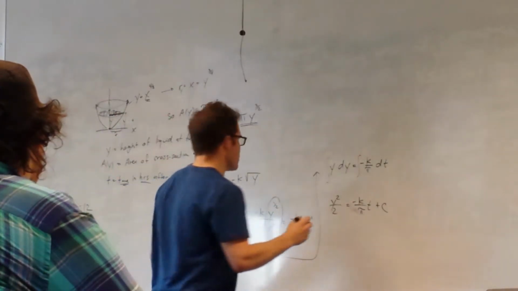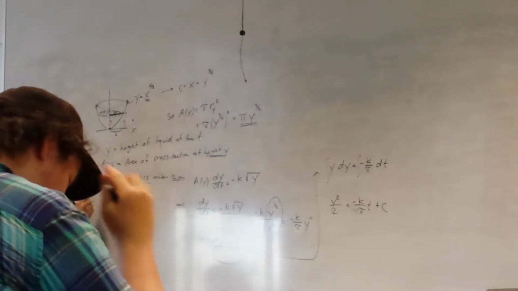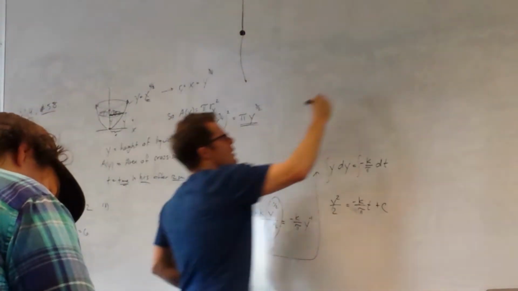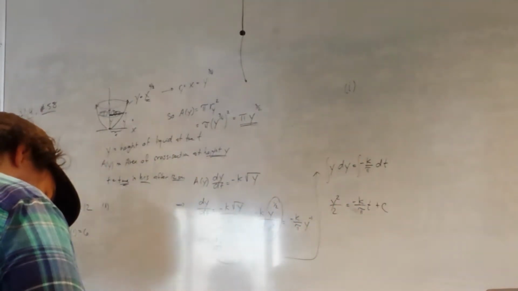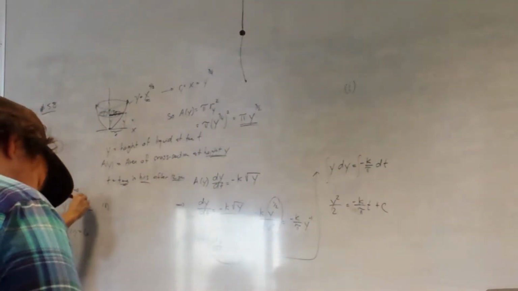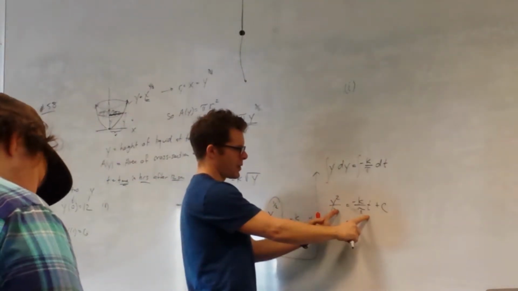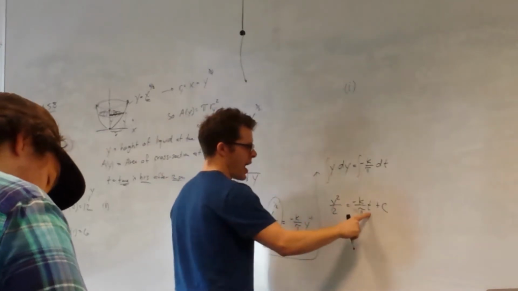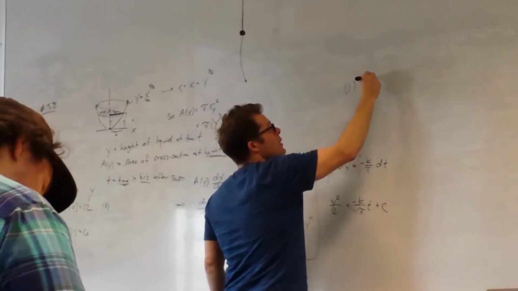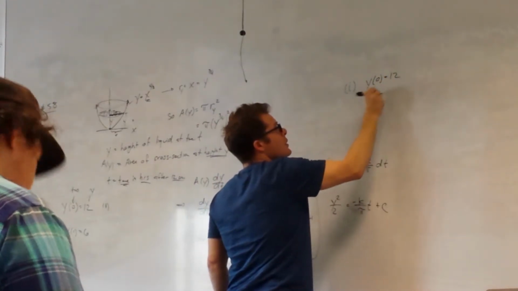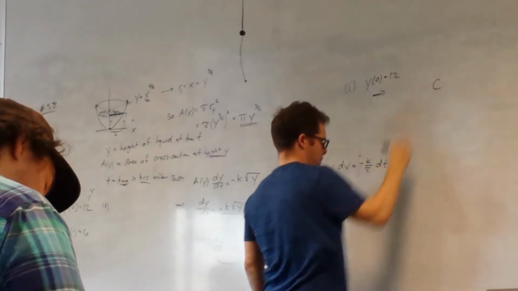Okay, so let's use the condition here. I'm just going to call this condition 1. The initial condition 1 says that at time 0, the height is 12. If I leave it in implicit form, that's fine, I think. But I know that when time is 0, the height is 12. So I can put 0 in for t, and on the right side, I'm just going to have that constant over here.